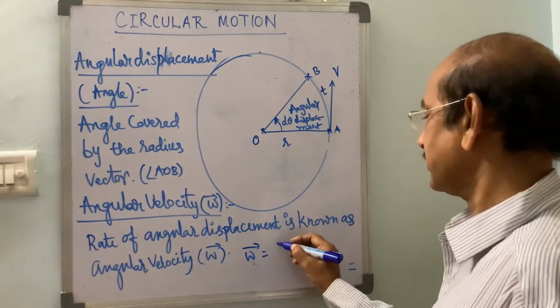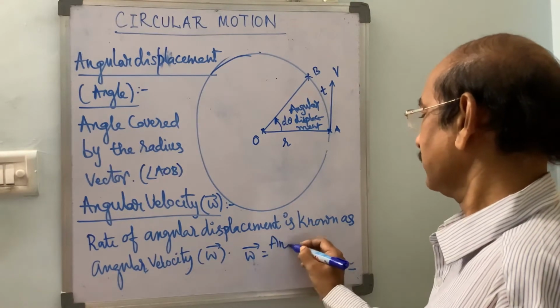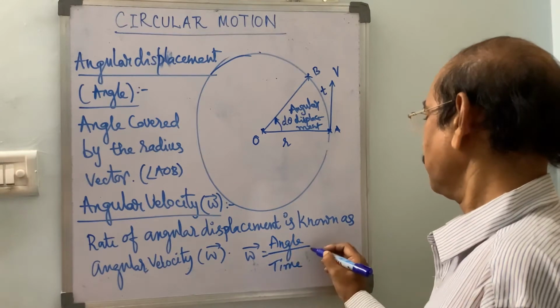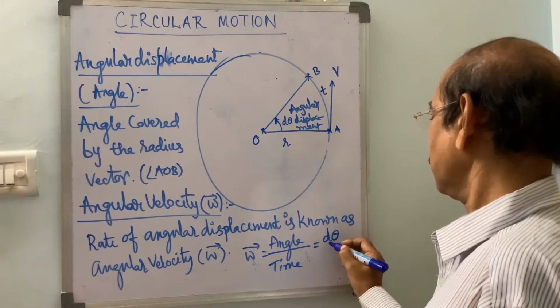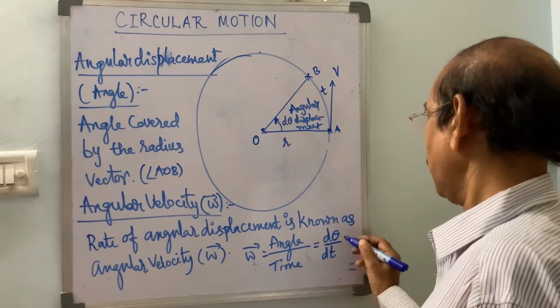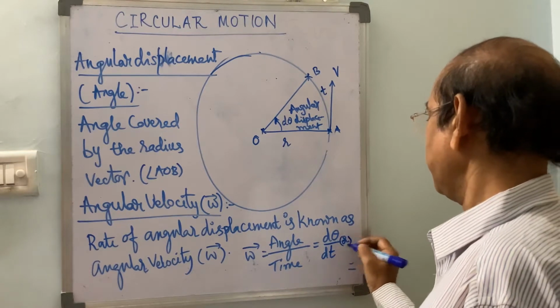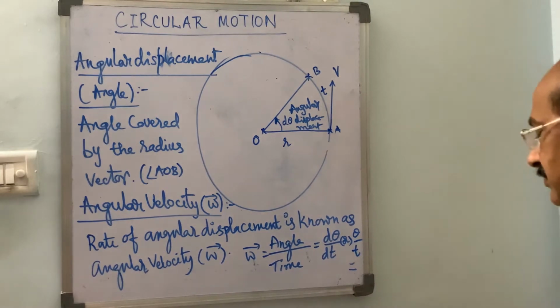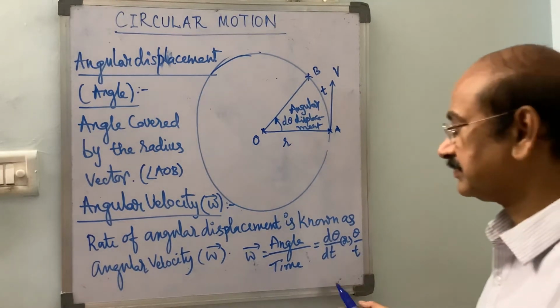So angular displacement by time, or it may be written as theta by t also, when the theta and t values are higher values.